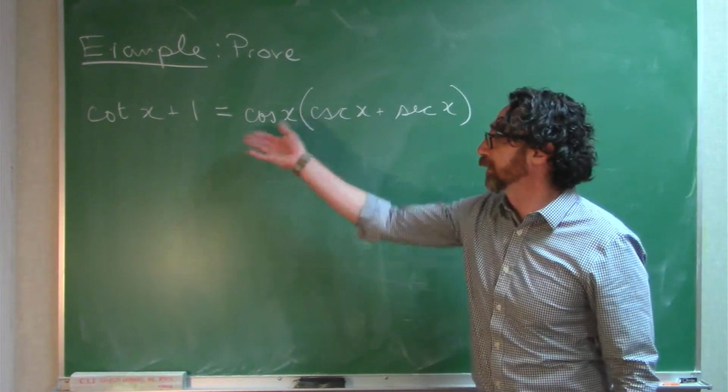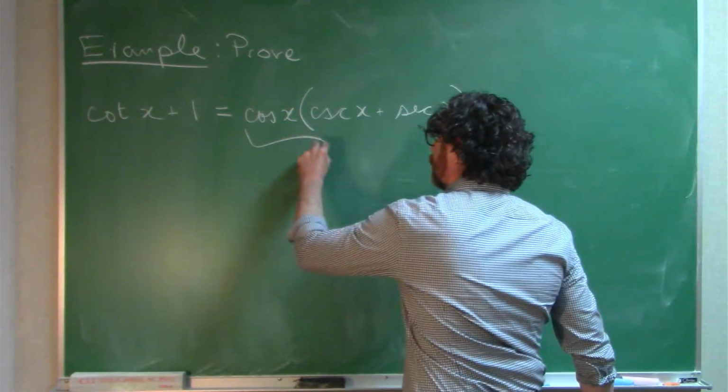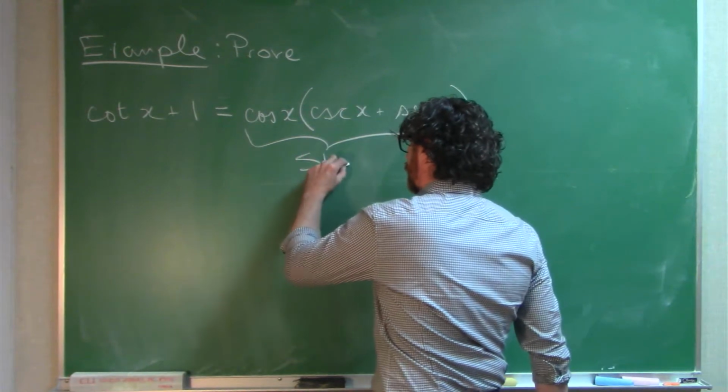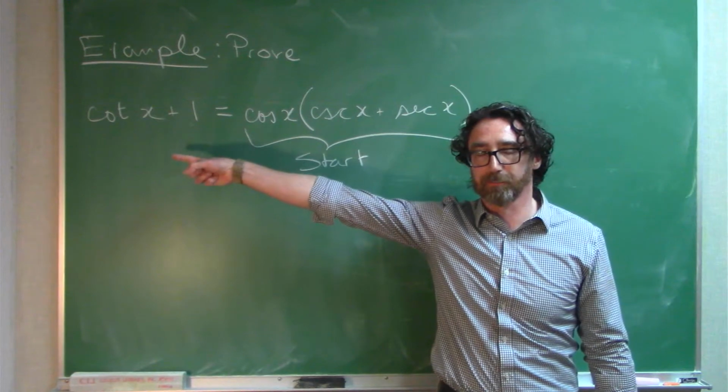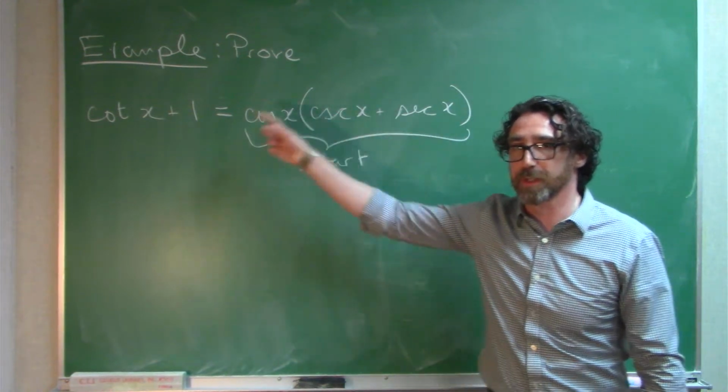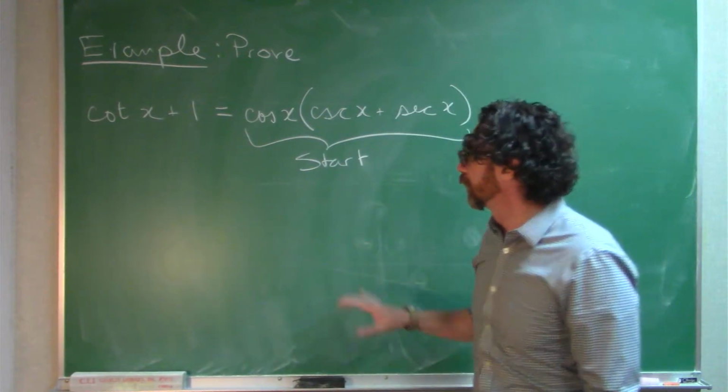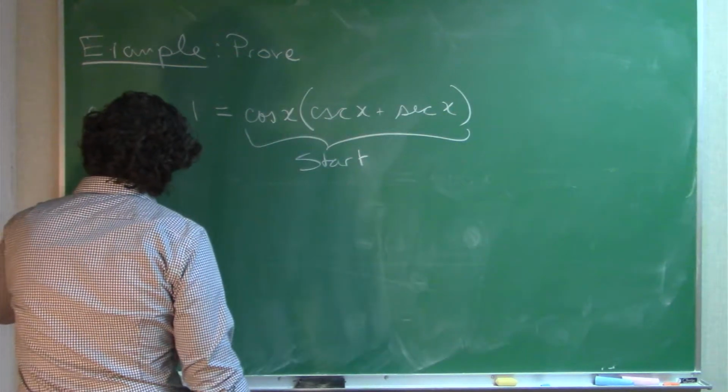All right, so looking at these two options, this is where I'm going to start. This side is more complicated than the left side. I've got 3 trig functions here. Over here there's only 1. So I'm going to start with that expression.